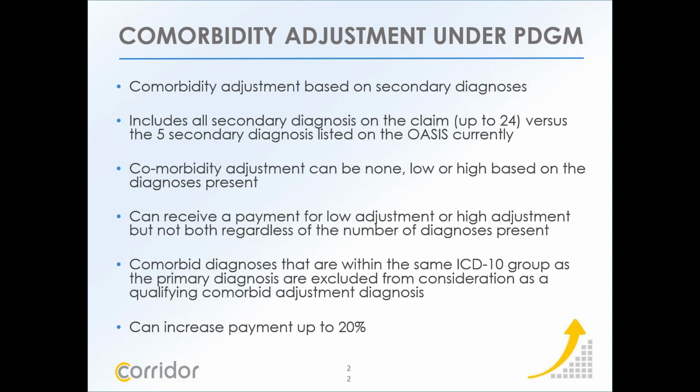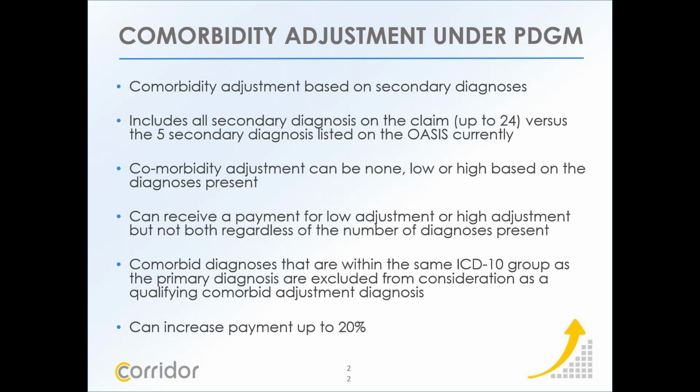You could easily have a high adjustment with only 3 codes, or a low adjustment with only 2. So it just depends on which diagnoses they are. But don't get too overwhelmed thinking that you need to have 25 codes on every chart because you're losing money. That's not the case. It's more about coding for the quality of the patient and what quality diagnoses are present on the claim.